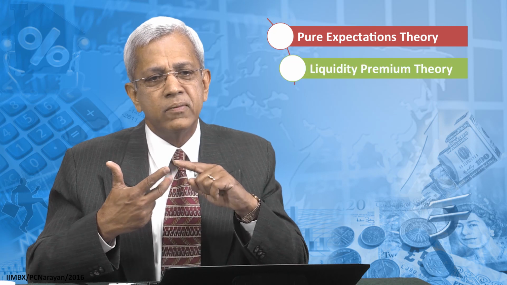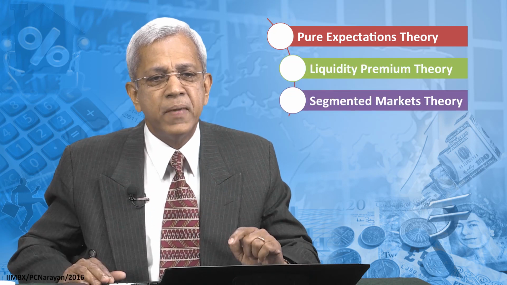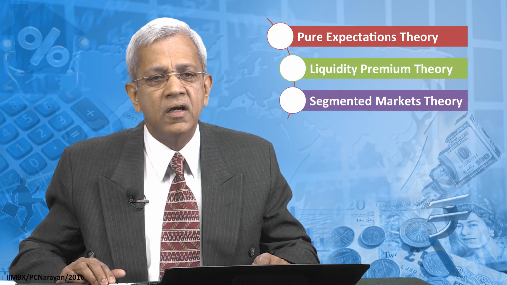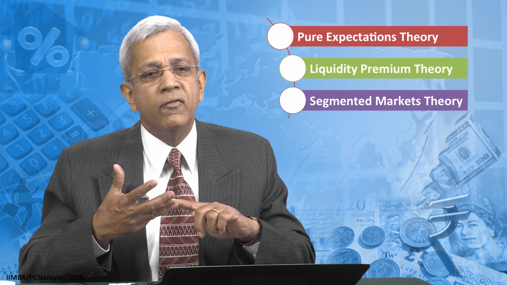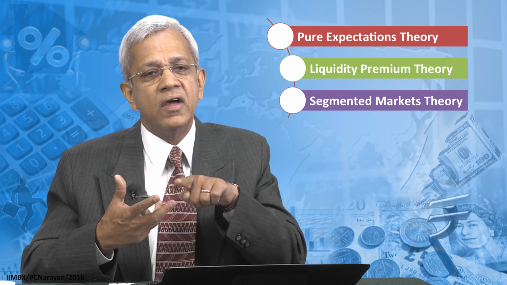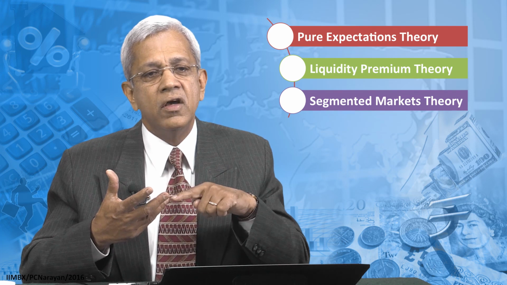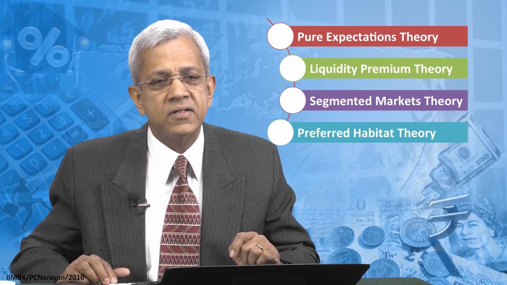To understand the yield curve and term structure of interest rates, we will go through a few underlying theories. There are broadly three theories we will be looking at: the pure expectation theory, the liquidity premium theory, and the segmented market theory. There is a fourth one, which is a combination of the first and the last, which is called the preferred habitat theory.